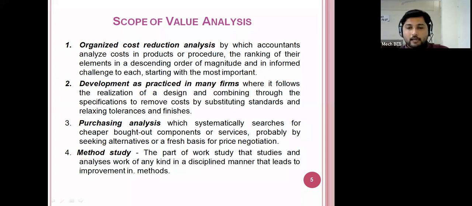Method study tries to reduce the extra processes which are unnecessary for the production of a particular good. These unnecessary methods or operations need to be reduced from the manufacturing process, and for that purpose you have to use method study techniques.